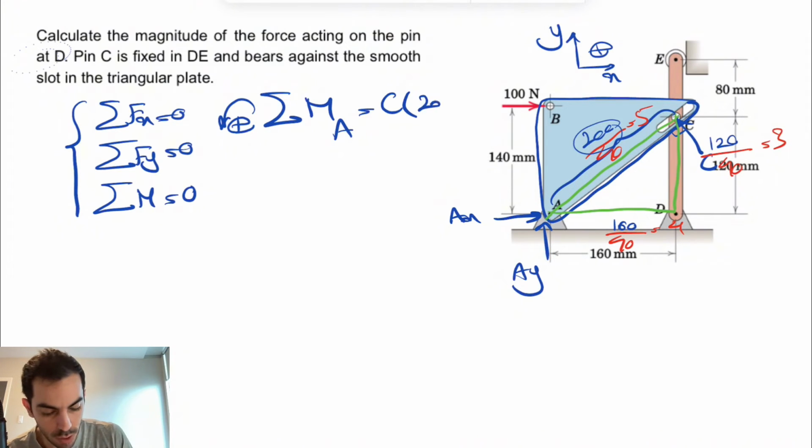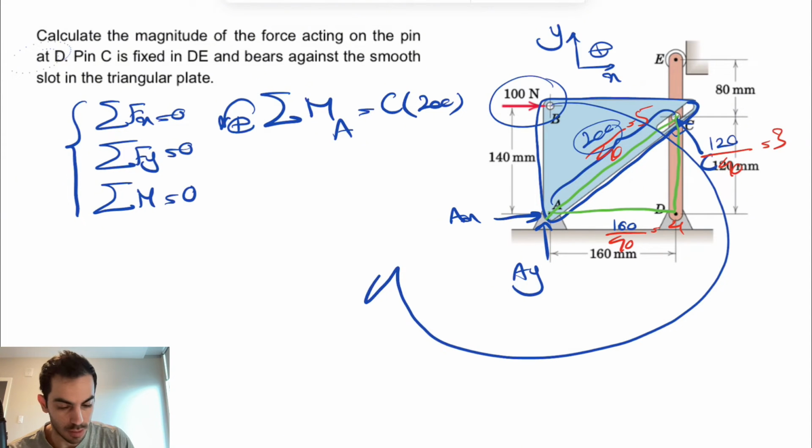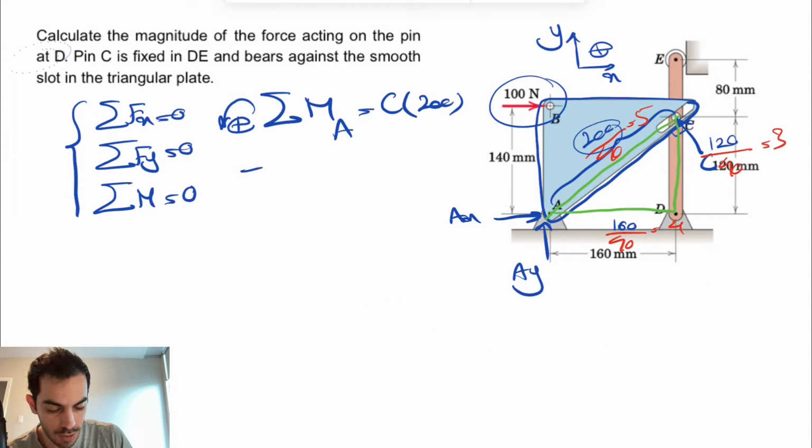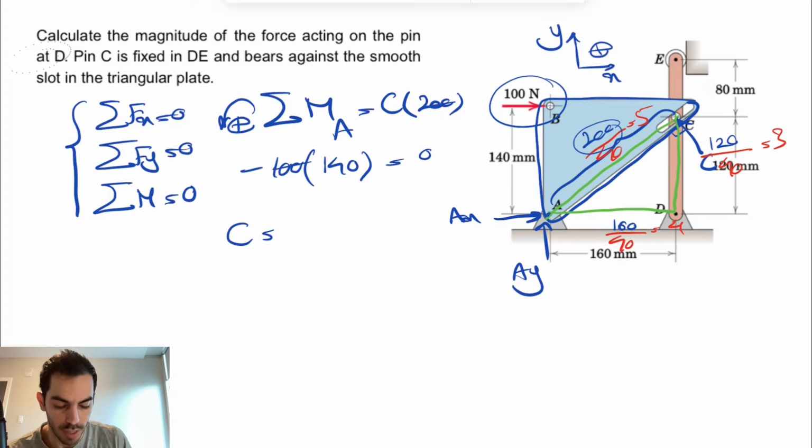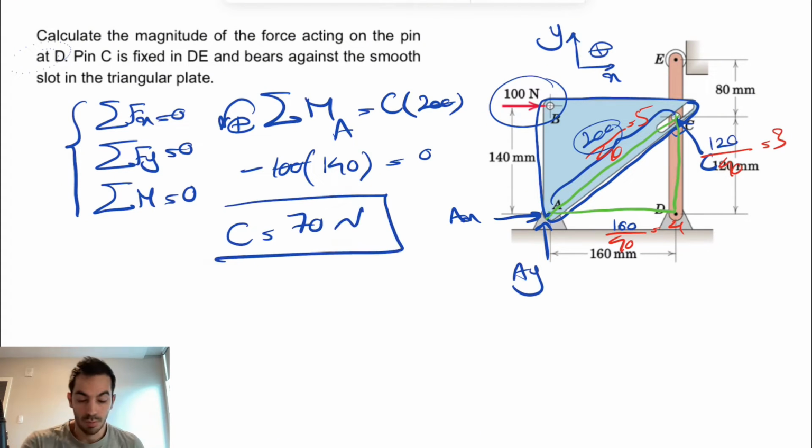So C times 200, we're going to have the moment of the 100 Newton force at B. This is clockwise, so negative 100 times the distance from A to B, which is 140. And this should give us the force C, which is going to be basically 140 divided by 2, or 70 newtons.